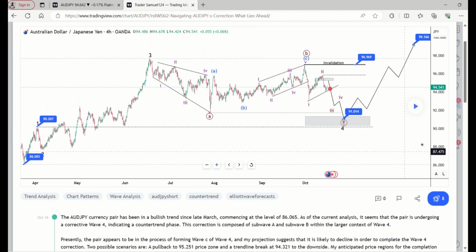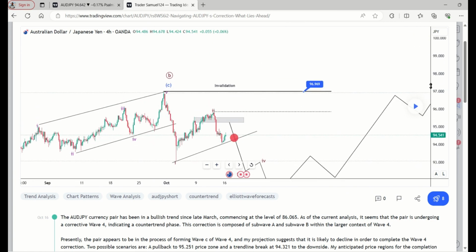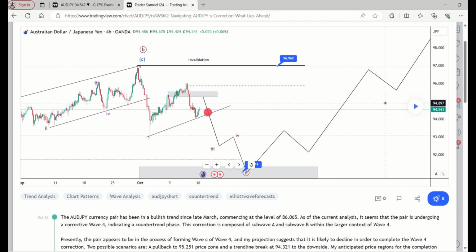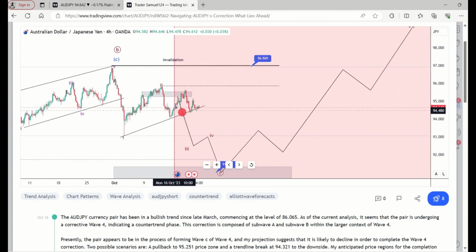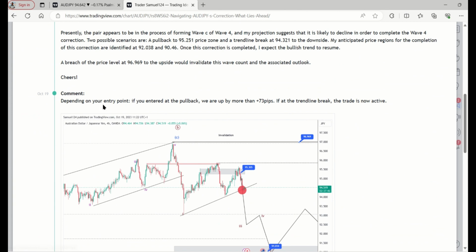So let's see what the market gave us for that week. So this is what happened. The market came back here, and so we are in profit, and I think I updated it here that depending on the entry point, if you entered at the pullback, we are up by 73 pips.